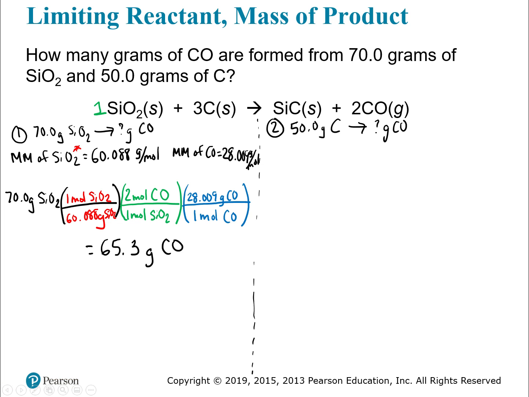We've got to do the same thing for the carbon. Take a deep breath. It's okay. The molar mass of carbon, we don't have to do any calculations for. You just look at the periodic table. And the molar mass of carbon monoxide, we've already calculated.